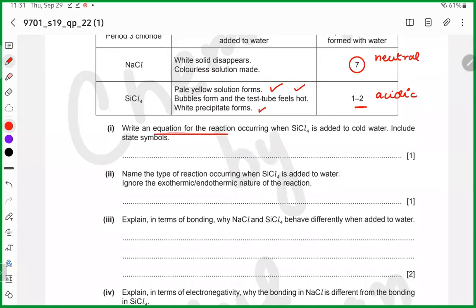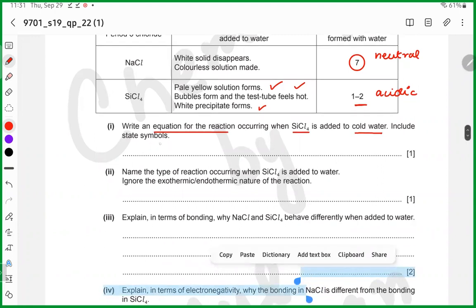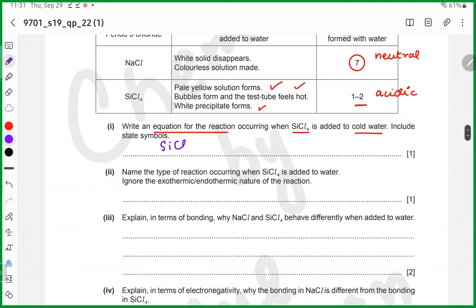Write an equation for the reaction occurring when SiCl4 is added to cold water, including state symbols. So when SiCl4 reacts with water, we will get SiO2.